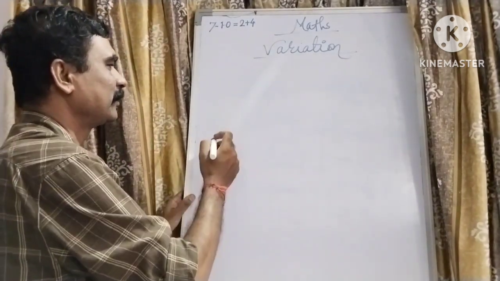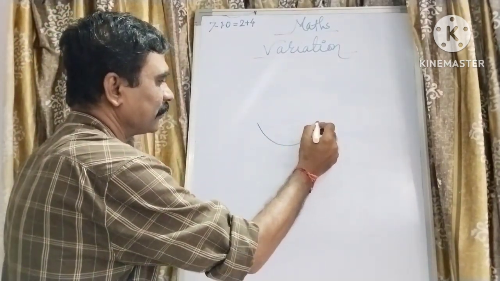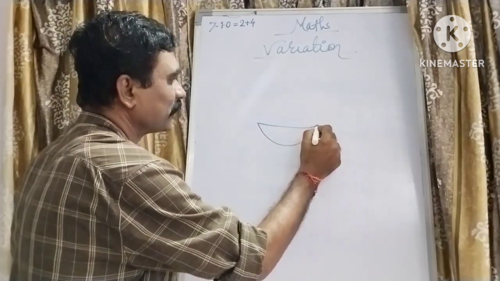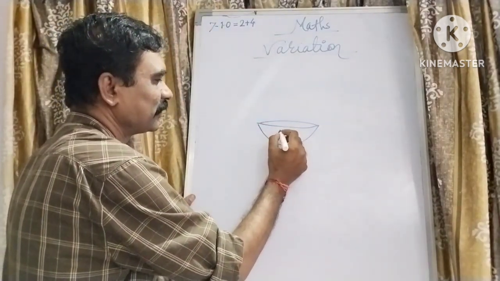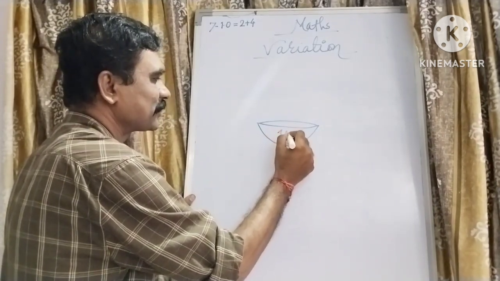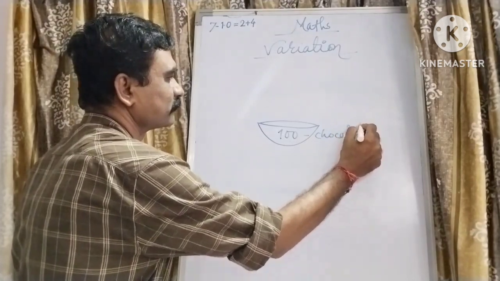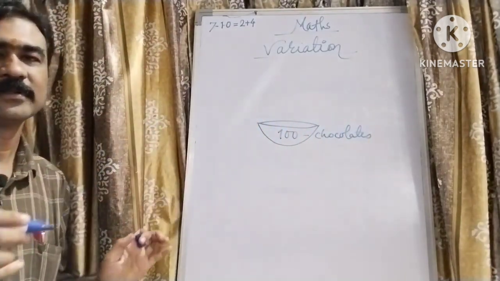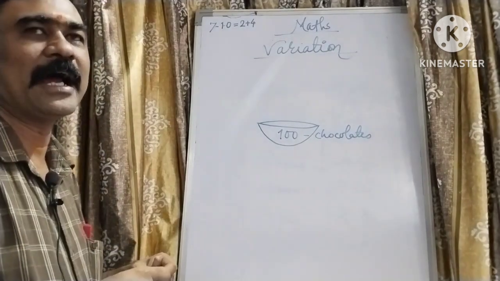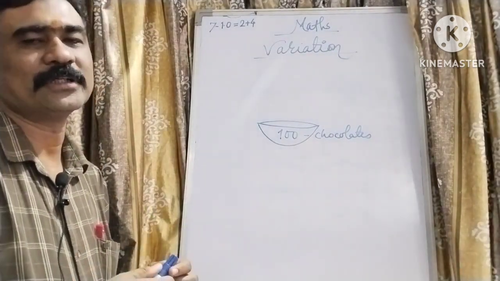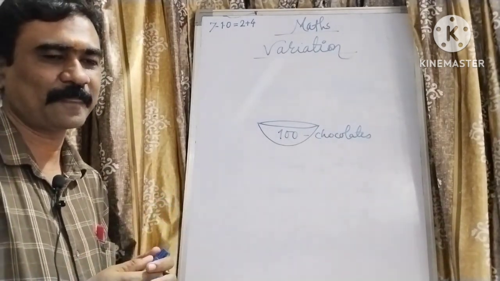If your bowl has 100 chocolates, and you have to distribute all these chocolates among your friends.